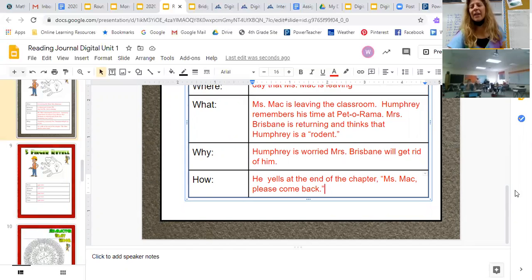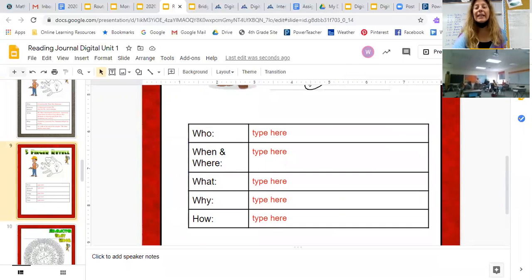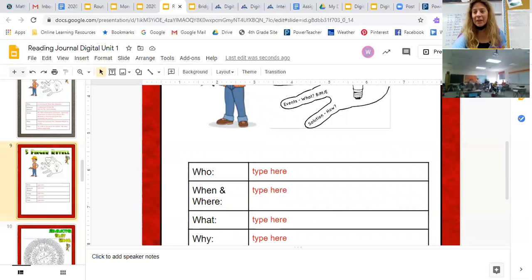So I'm going to have you guys give it a try with the book After the Fall. And we're going to go into our Google Slides and open up to the 5-finger retell and give it a try there. So readers, let's get our iPads and give it a try.